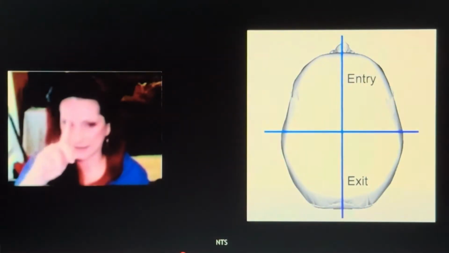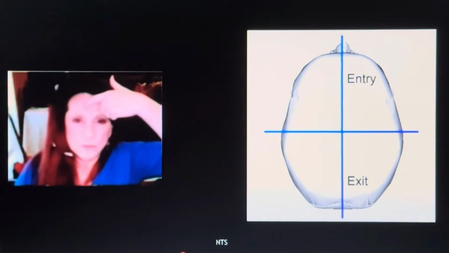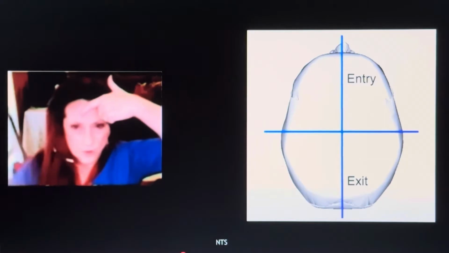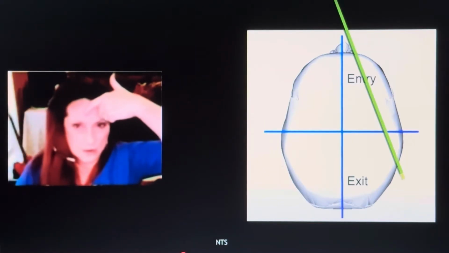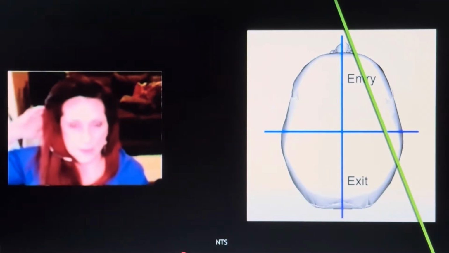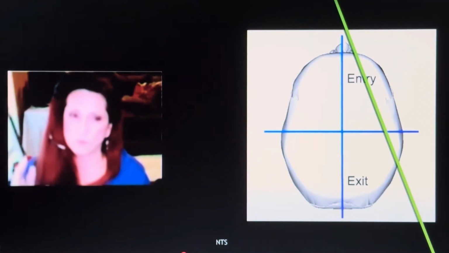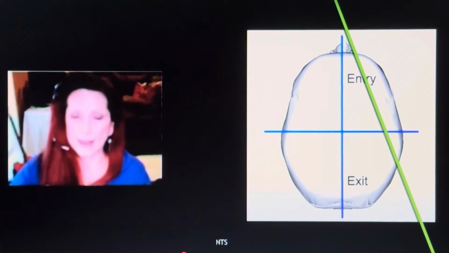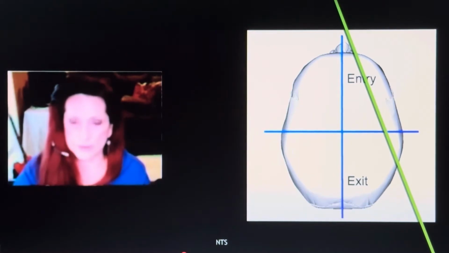So imagine that it's coming in just to the side on the forehead as you're looking down, right here, okay, and that it's traveling back to come out right behind the ear. That would give you one trajectory line.